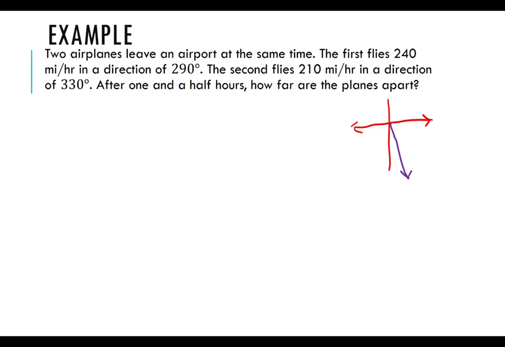Sorry, that's our positive 290 degree rotation. And then let's look at the other airplane. It rotates a 330 degree rotation, so that's going to be a little bit shy of the positive x-axis.